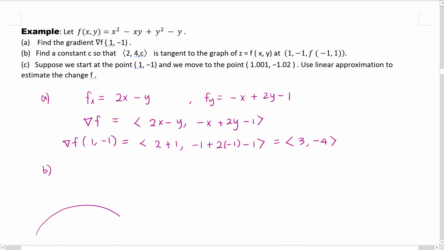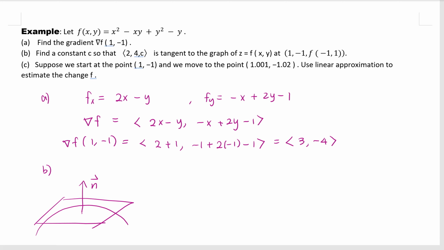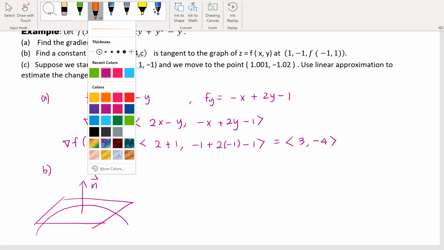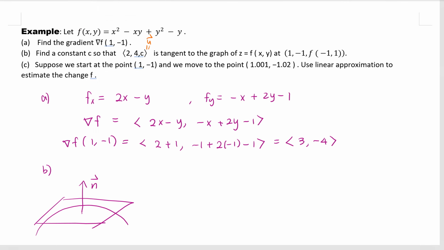Suppose we have a surface, and this is the tangent plane, and then we have a normal vector. Let's say this is the vector u, and u is tangent to the graph. What does that mean? It means u is in the tangent plane. Furthermore, from this picture, the normal vector n is perpendicular to u, so their dot product should be 0.